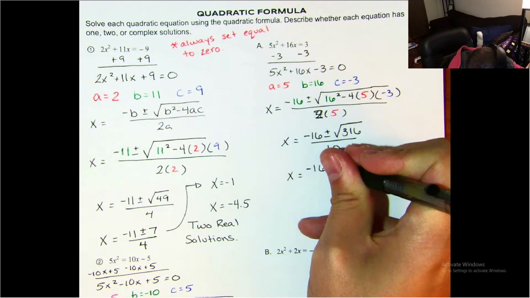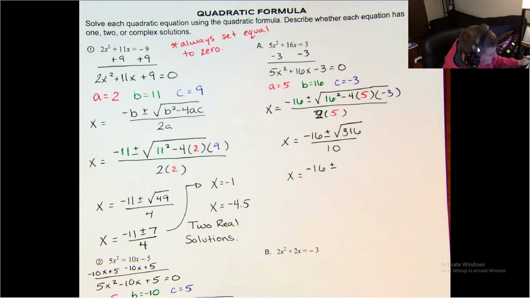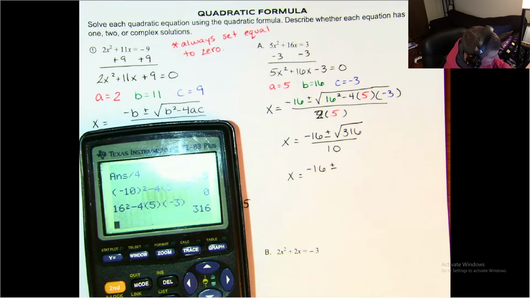So negative 16 plus or minus. 316 divides by 4, and 4 is a perfect square. So is there another perfect square that would divide into 79? I don't think so. Let's check. 79 divided by 4, no. 79 divided by 16, I doubt it.